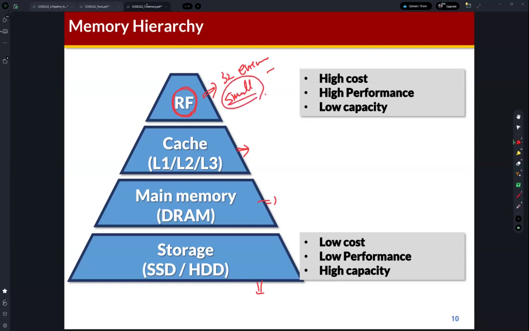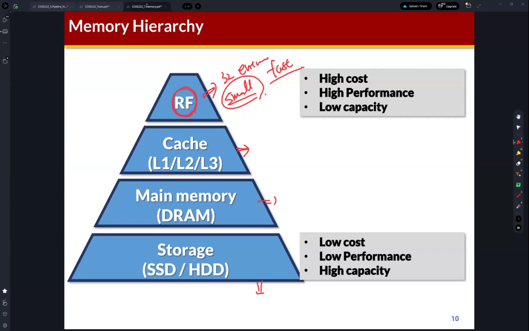But it's fast. Instructions can store data in the register file first, right? So we can just update the register file data using instructions. But the size is very small.